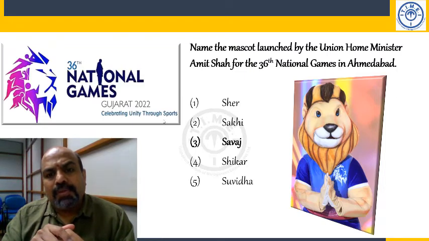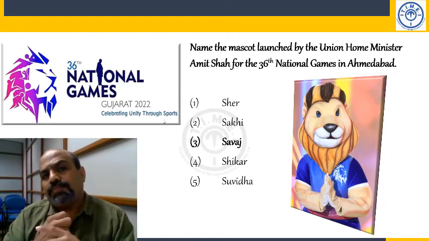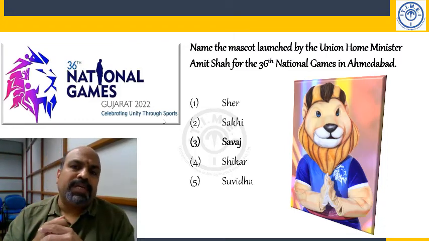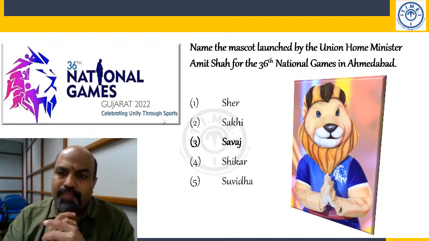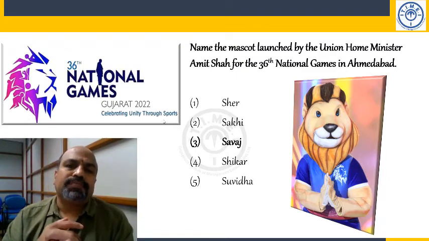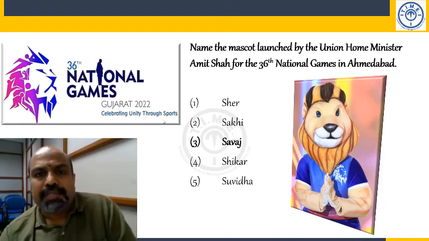Next, Mascot. You could write that Savaj, in brackets, Gujarati for cub. Yeah, young of a lion.